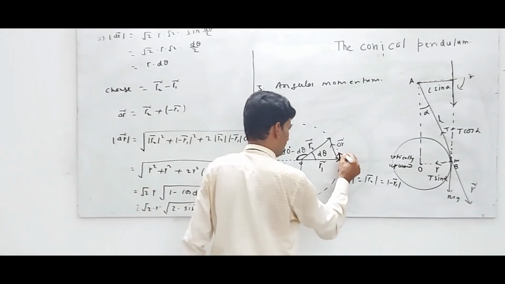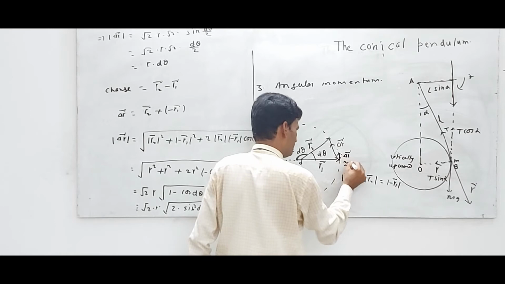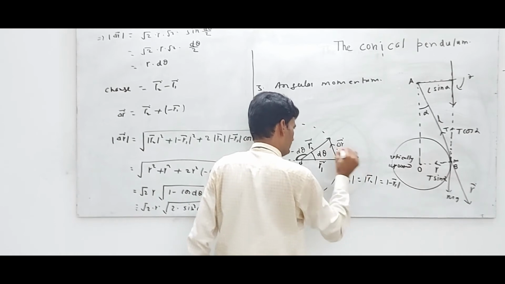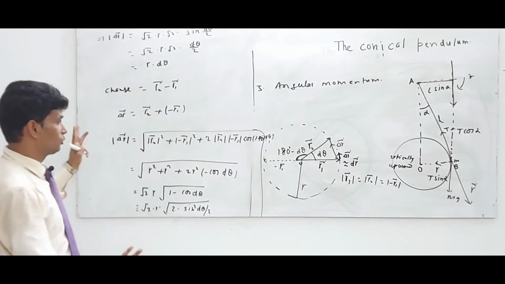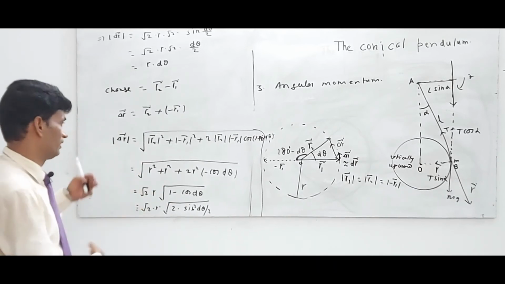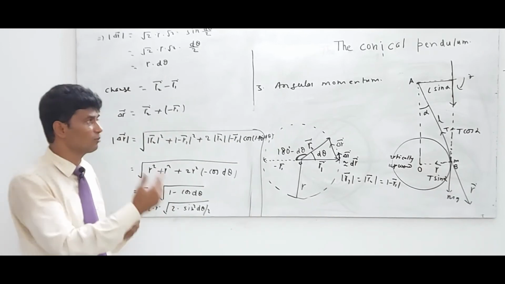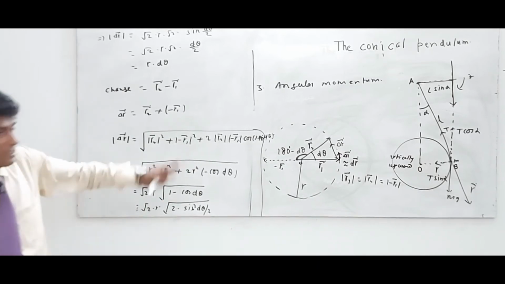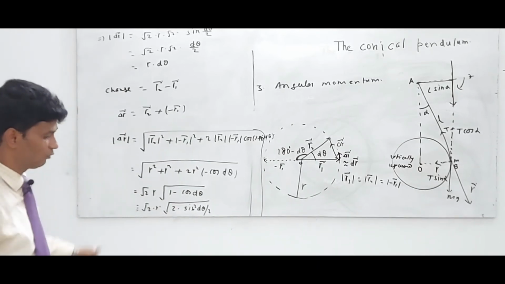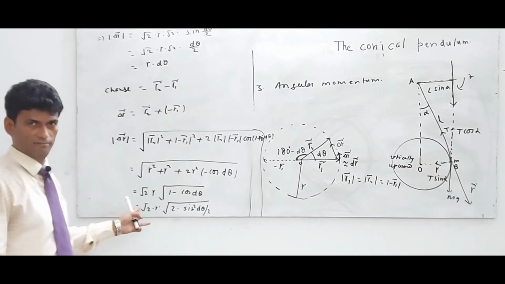So here is the delta r vector. In this direction, you may call it the dr vector, tangential to that. So we are going to use the formula. Here is the vector r, and there is a vector of angular momentum L. We are going to find the change of that. These are the ways one can find the changes of a rotating vector.